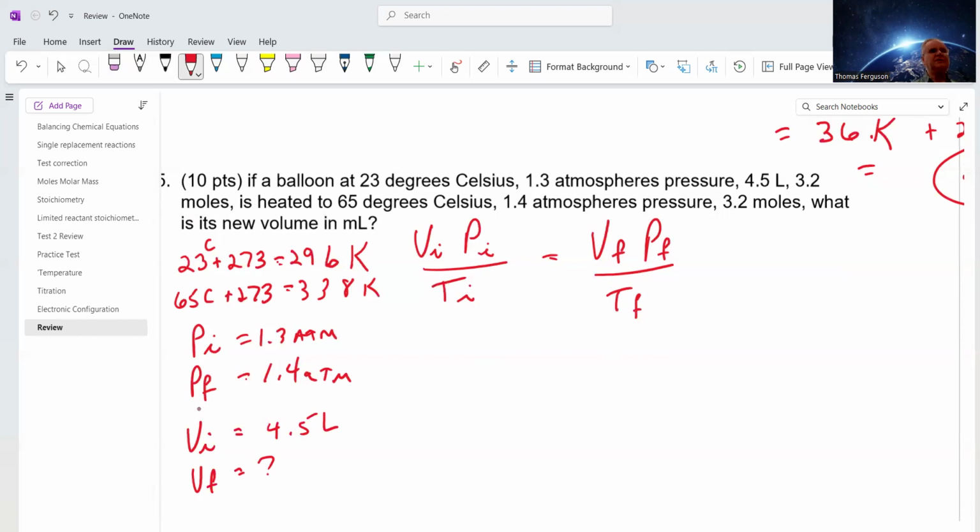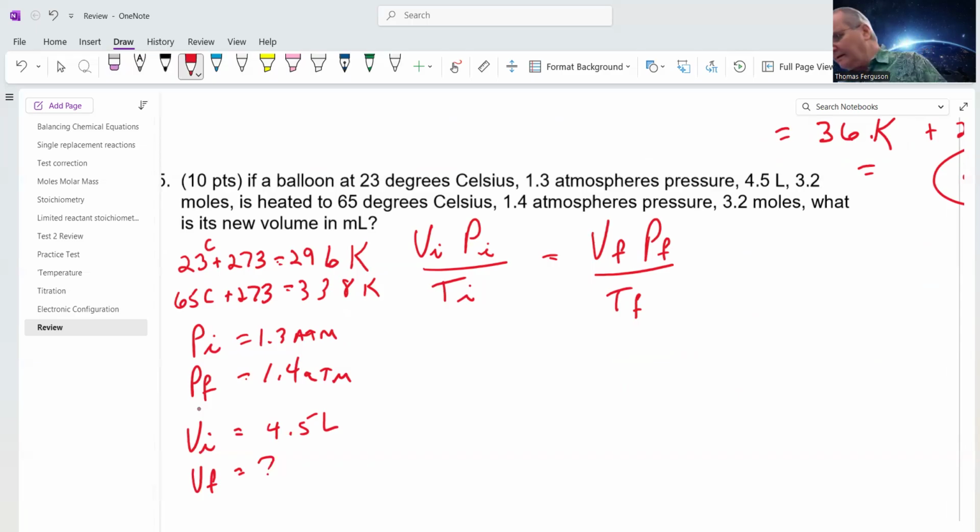The only thing we didn't mention are moles, because moles don't change, so those go away. Now, the important thing is, everyone see where I got those values? They just come right out of the word problem. Now, if temperature remains the same, that cancels on both sides. So if anything remains the same, leave it out of the formula.